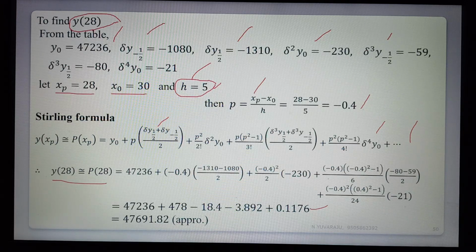This is the value of y of 28, the approximation value. This is using the Stirling formula.